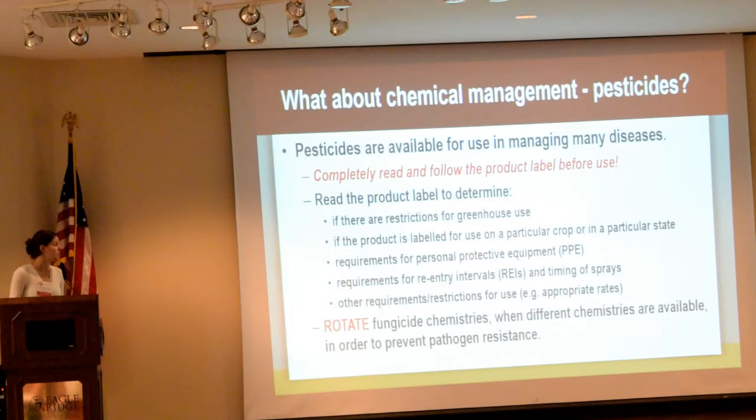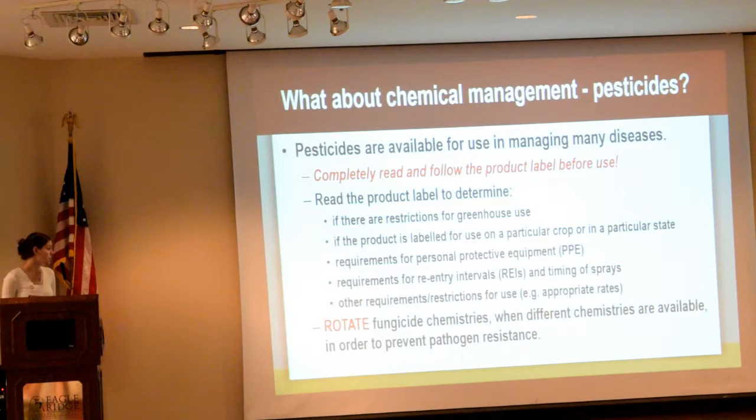And some of the information that's on those labels are restrictions for greenhouse use. Specific fungicides or pesticides will either restrict the use in the greenhouse, or it may give you certain directions for greenhouse use that is different from use in the field. It will give you information about personal protective equipment, as well as the re-entry intervals and the rates at which you can use those products.